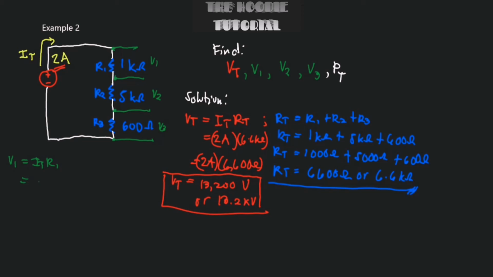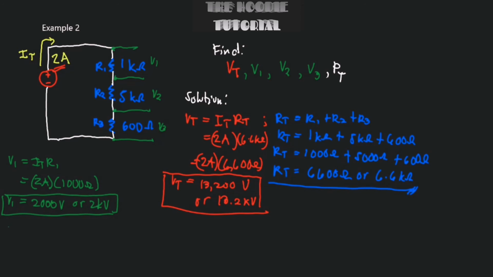So we have the value of IT, which is 2 amps, multiplied by the resistor, which is 1 kilo ohm, or 1000 ohms. That means the voltage across the resistor is 2000 volts, or 2 kilovolts.